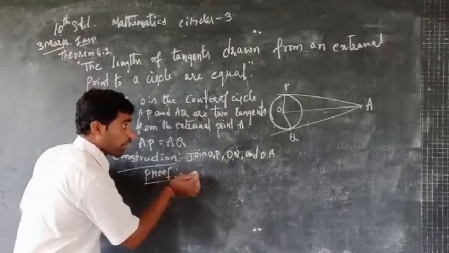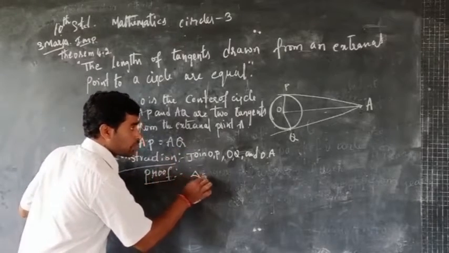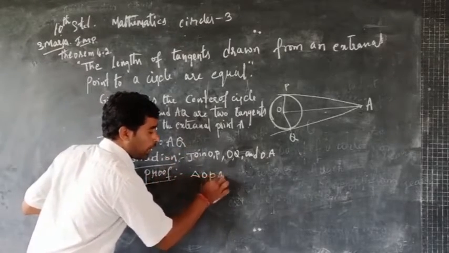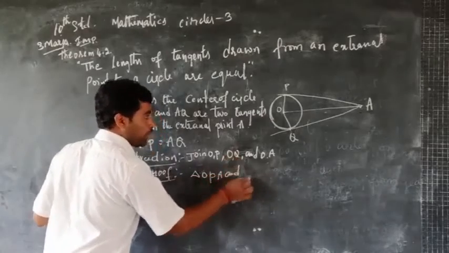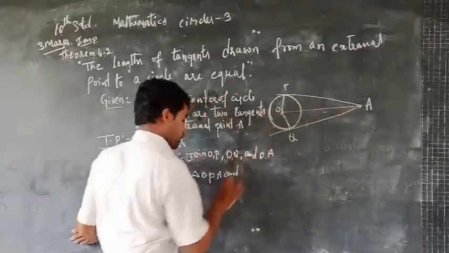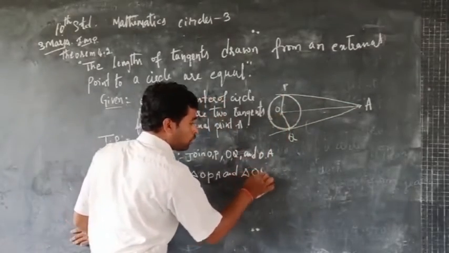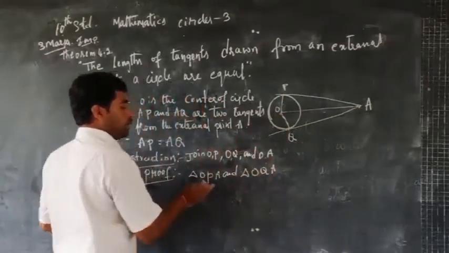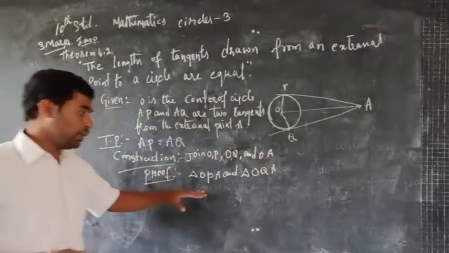We have the 2 right angle triangles: triangle OPA is one triangle, and triangle OQA is the other. The 2 triangles are taken.